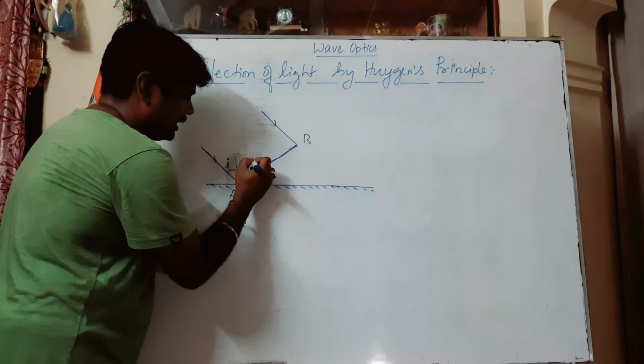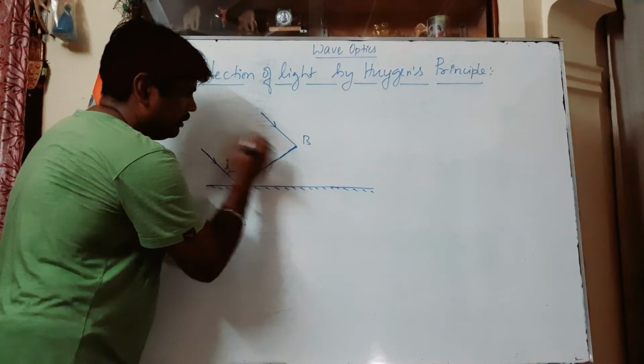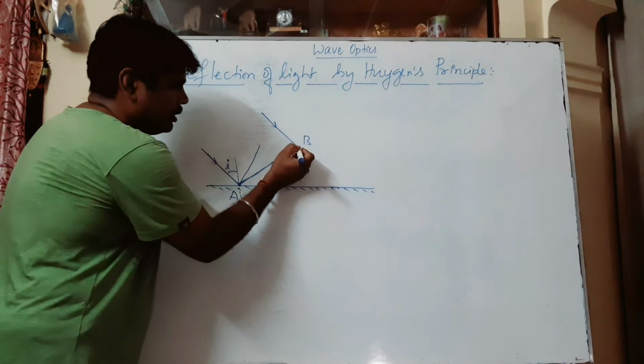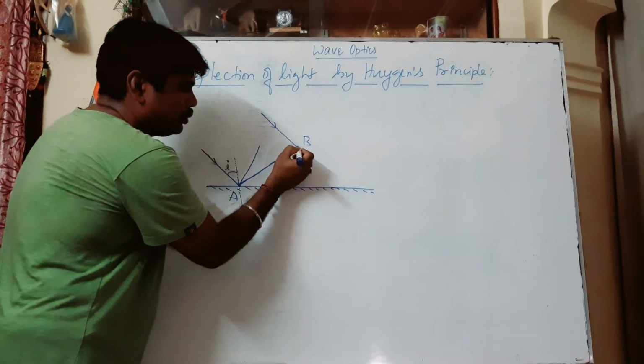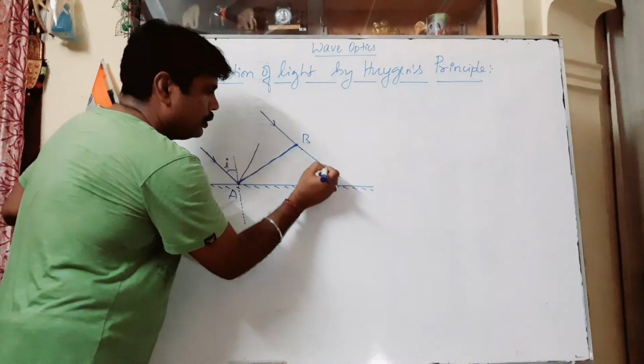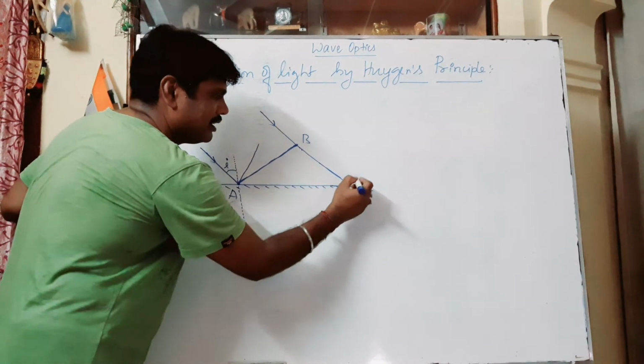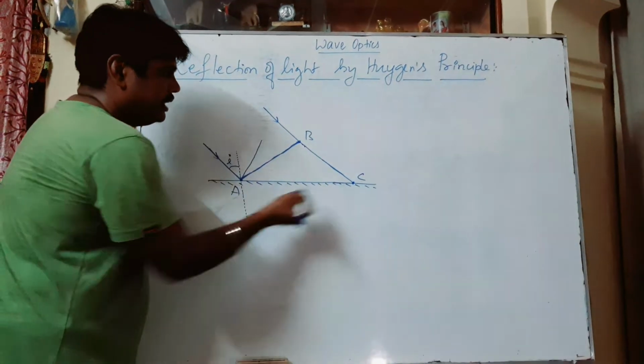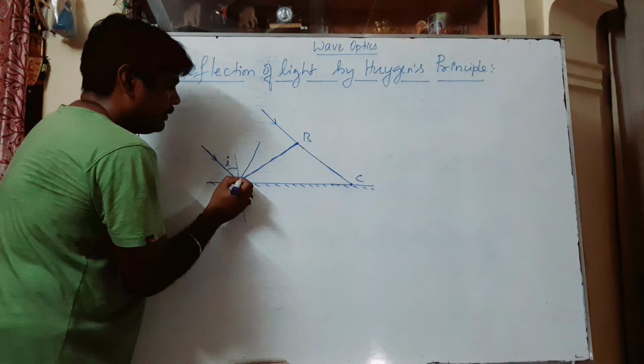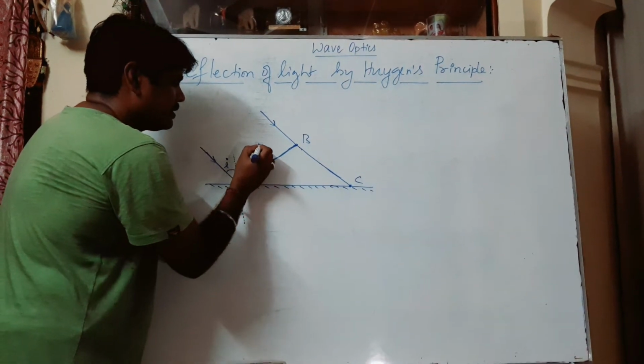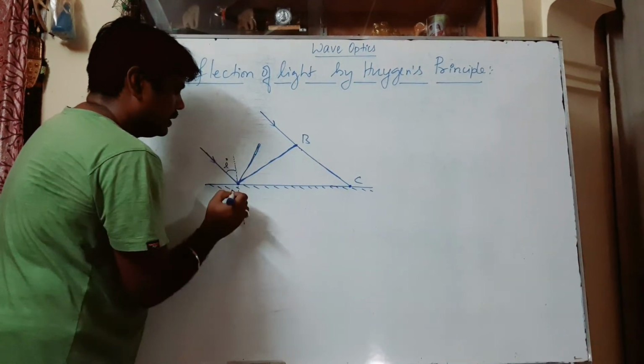Now in whatever time the light takes to travel from B to C, in the same time the light will reflect back the same distance from A to E.